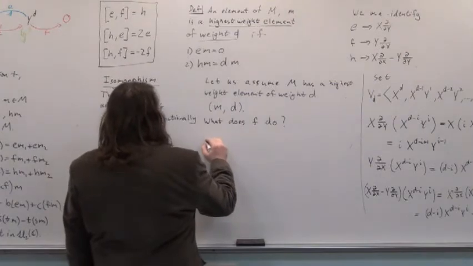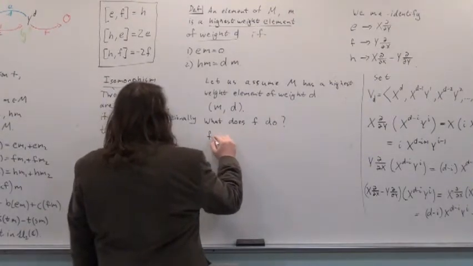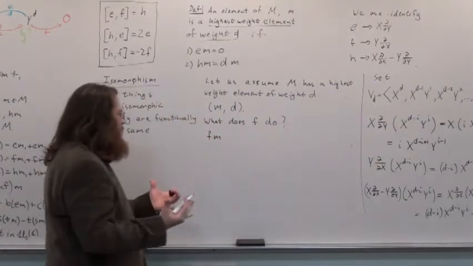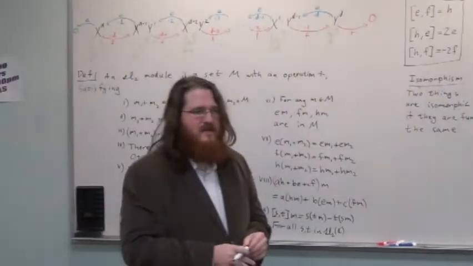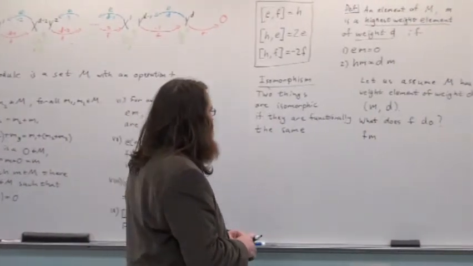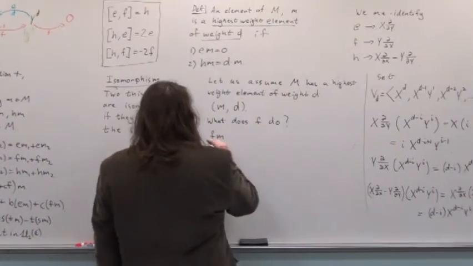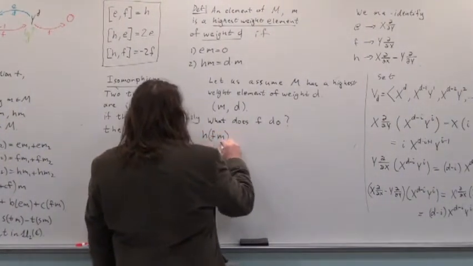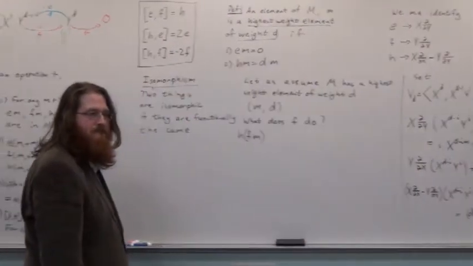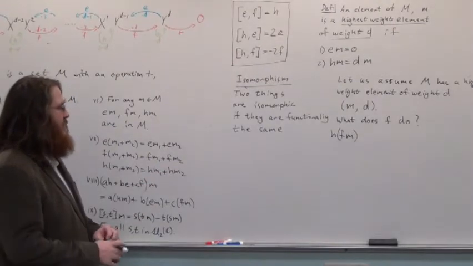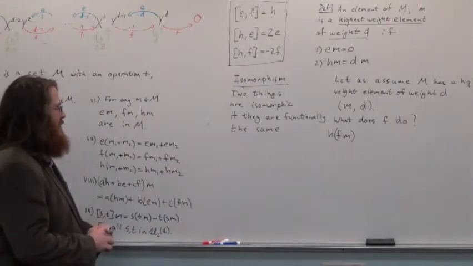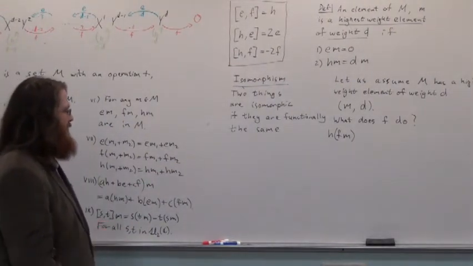So if we consider, we can look just at F of M, but we can't say anything about it. It is what it is. So instead, let's look at H on F of M. Can we say anything? And as I said, amazingly we can.